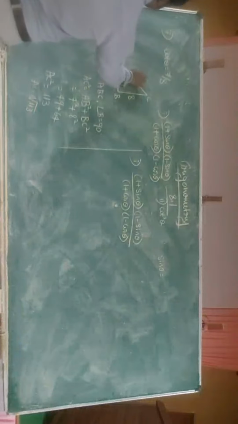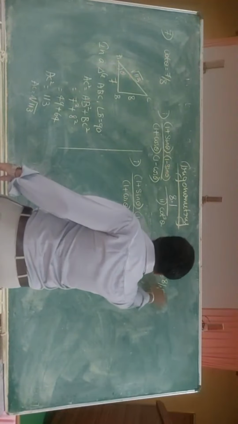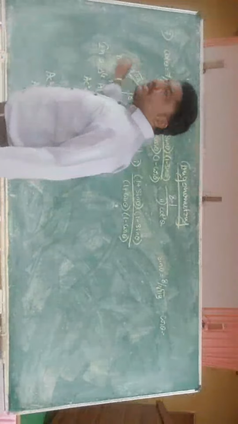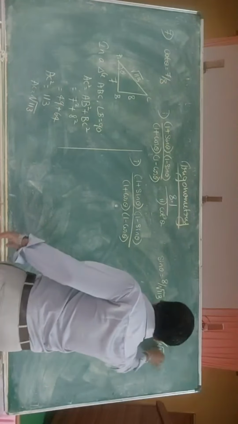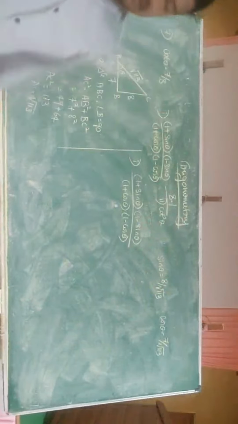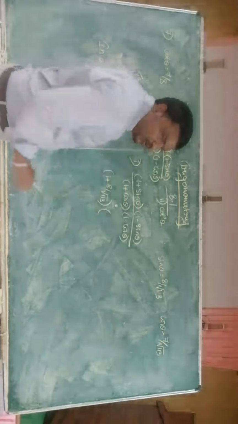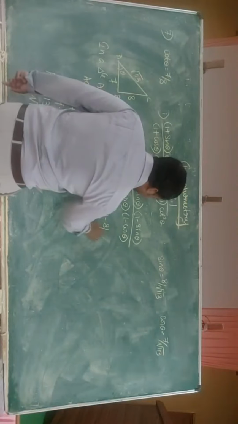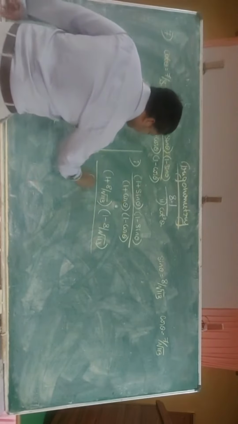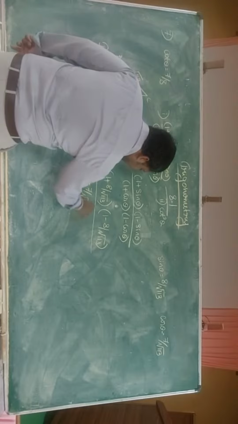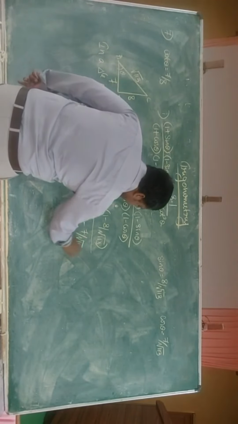The hypotenuse we just calculated is root 113. So sin theta is 8 upon root 113, and cos theta is adjacent upon hypotenuse, that is 7 upon root 113. Now we can substitute: 1 plus 8 upon root 113 into 1 minus 8 upon root 113, divided by 1 plus 7 upon root 113 into 1 minus 7 upon root 113.